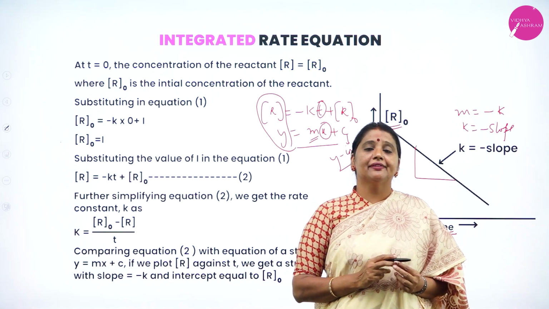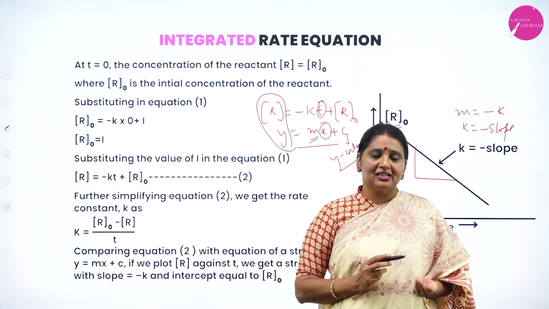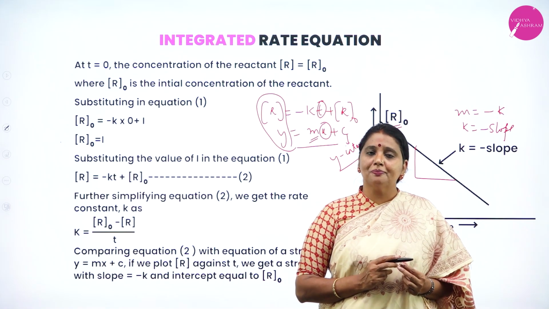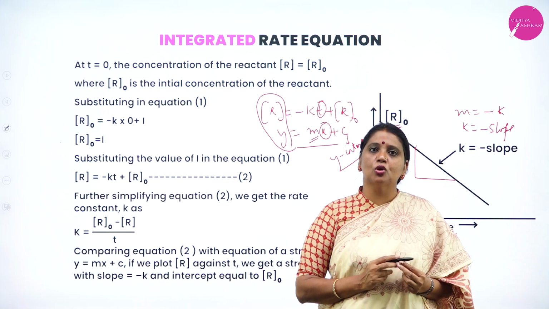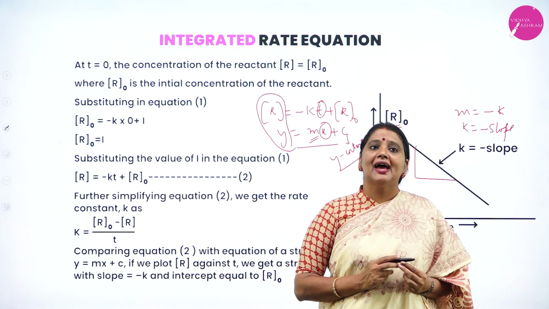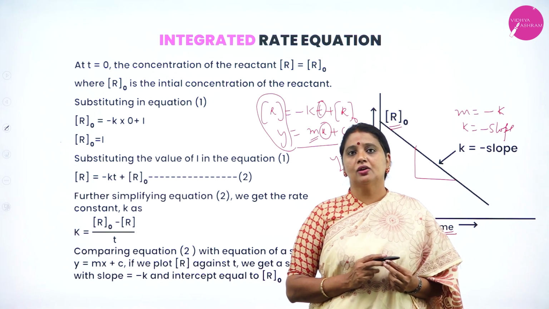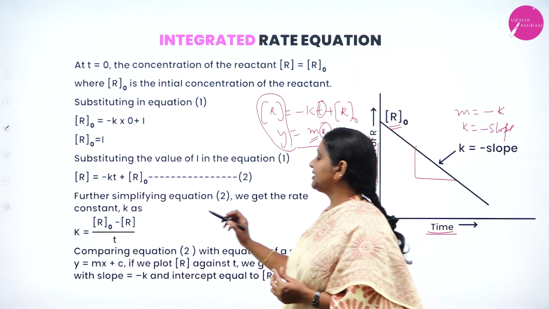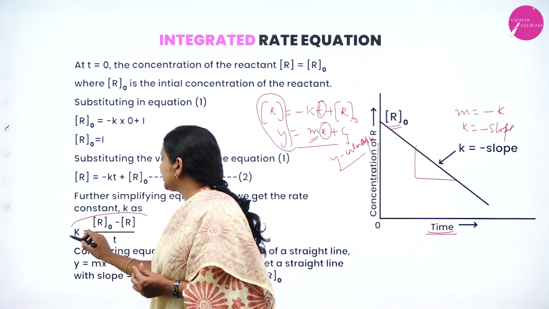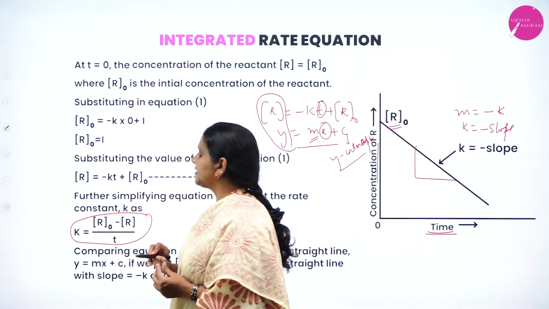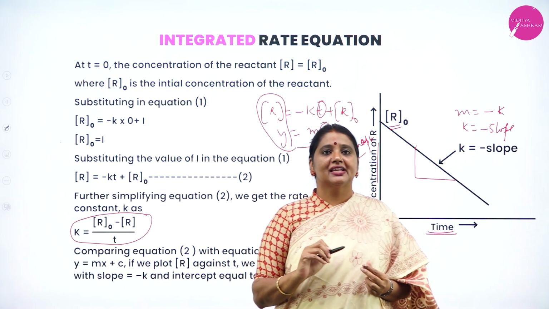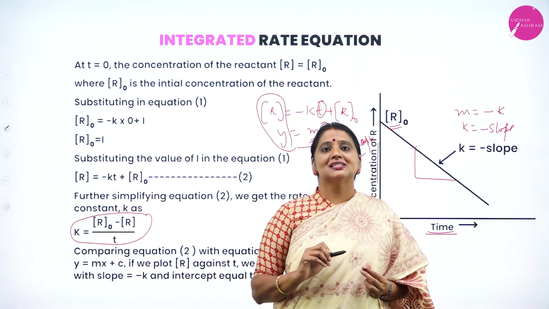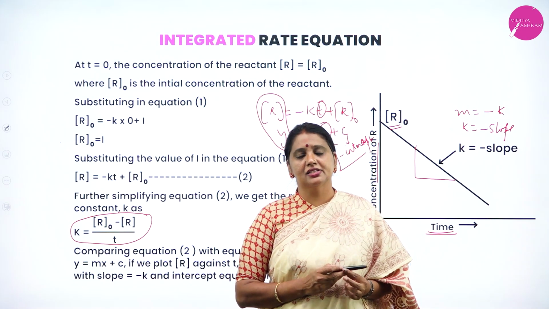We get a straight line with negative slope, that is, slope is equal to minus k, as well as with y-intercept R0. Therefore, the integrated rate equation for zero order reaction is k is equal to R0 minus R divided by t.